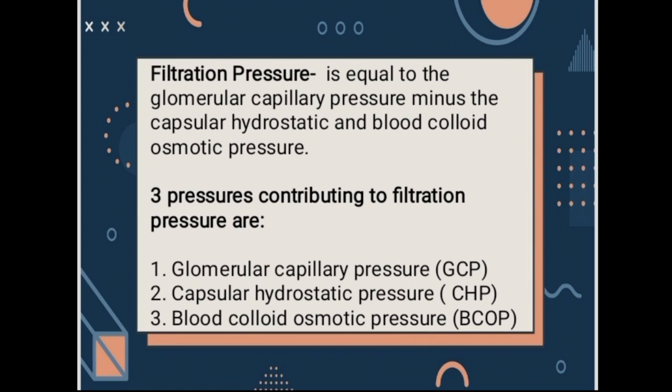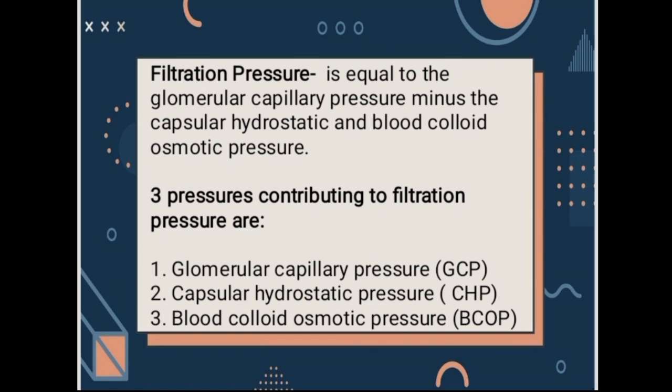Blood pressure forces water and dissolved blood components through the pores of the capillaries, the basement membrane, and on through the slit membranes between pedicels. These are the three pressures contributing to filtration pressure: the glomerular capillary pressure or the GCP, the capsular hydrostatic pressure or CHP, and the blood colloid osmotic pressure or the BCOP.